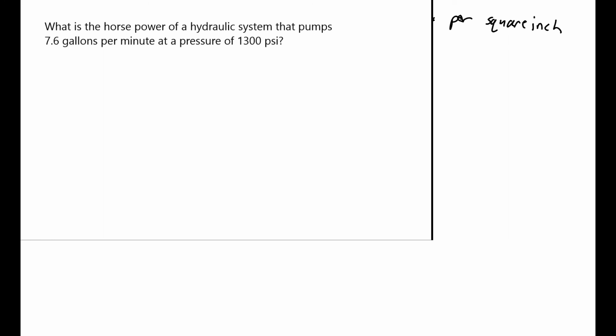Number 3. What is the horsepower of a hydraulic system that pumps 7.6 gallons per minute at a pressure of 1300 psi? So we're going to say horsepower equals the flow in gallons per minute, so 7.6 GPM, times our pressure, which is 1300 psi, all over 1714.